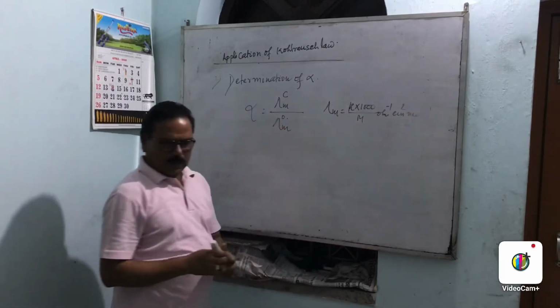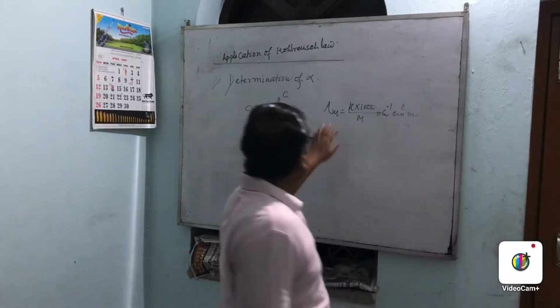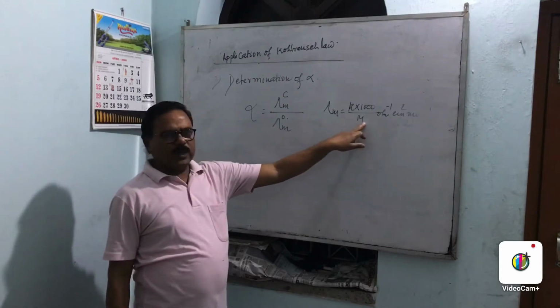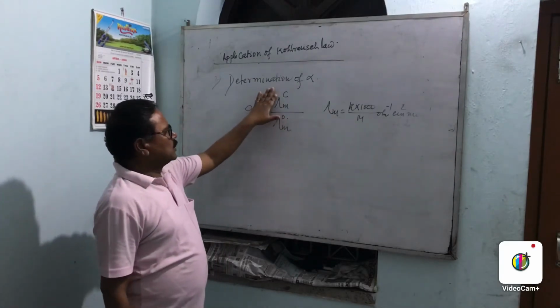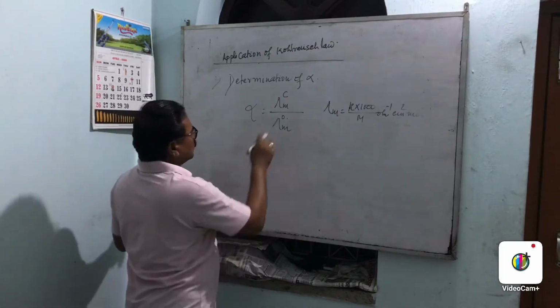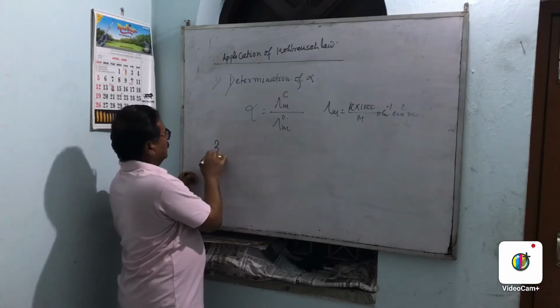Here M is the molar concentration. By putting these two values, we are able to calculate the degree of dissociation.